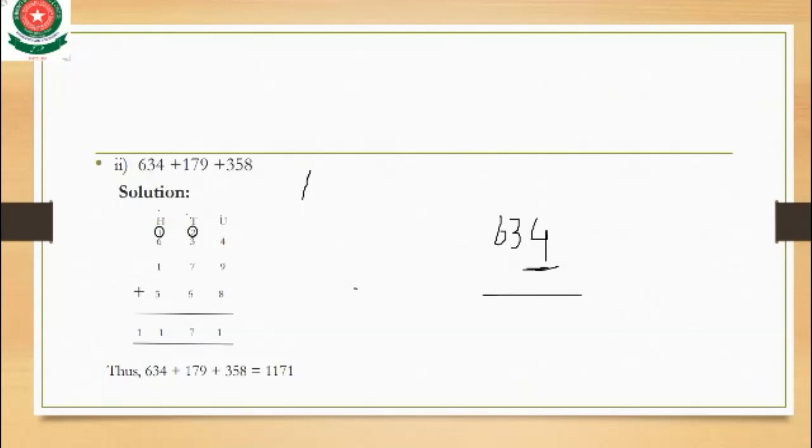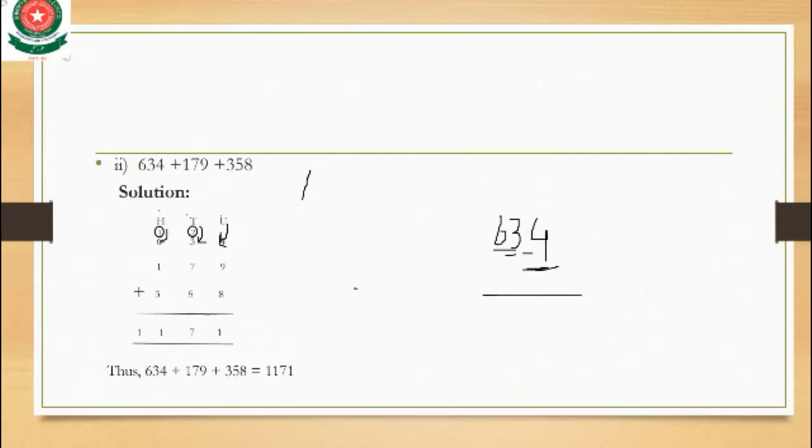So you will write under the U, unit, 4. And the next number is 3. You will write here. And the next is 6. You will write the left digit under H, 100.